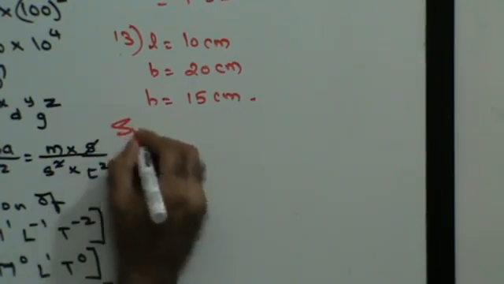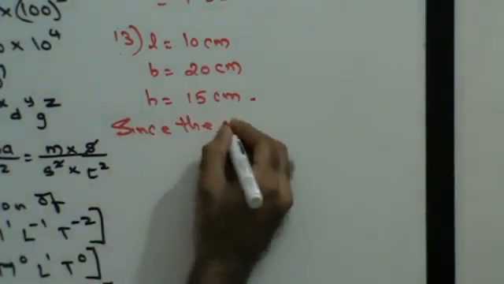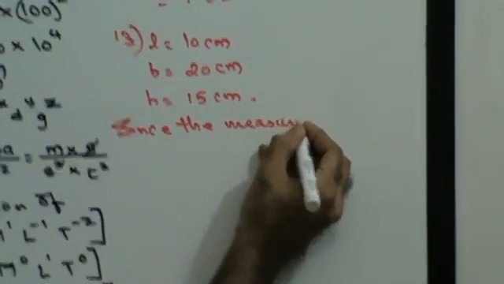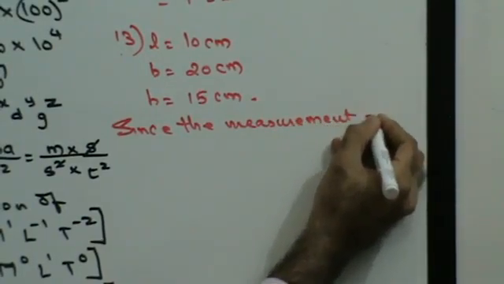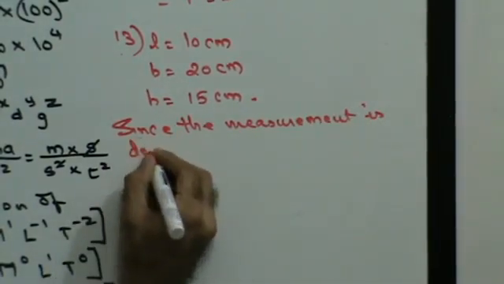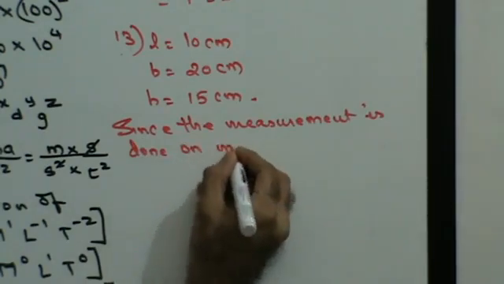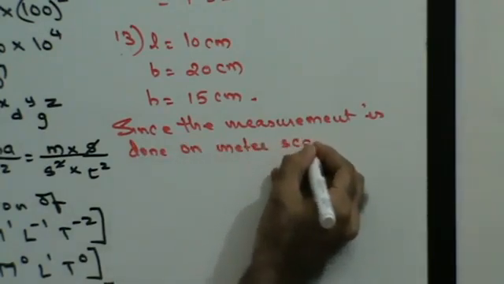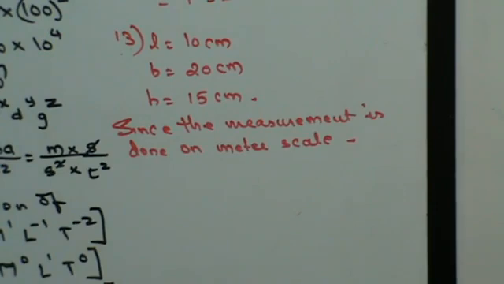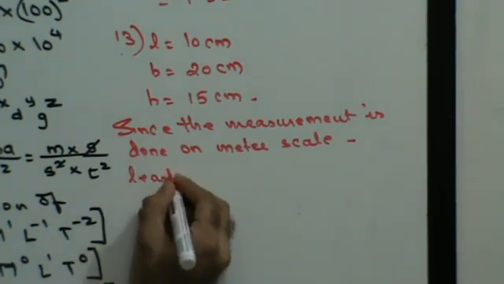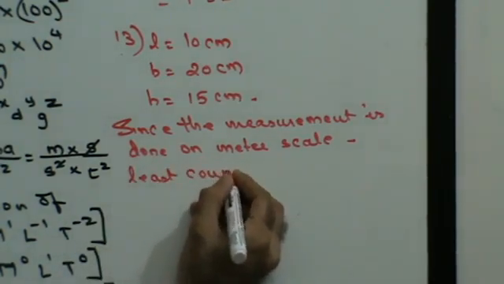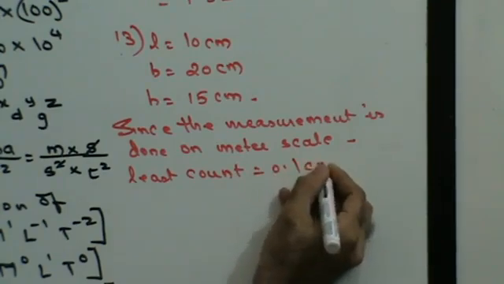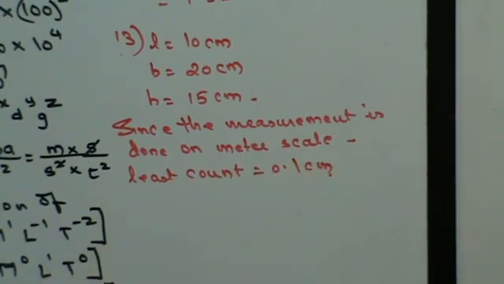Now, since the measurement is done on meter scale, what is the least count of a meter scale, guys? 0.1 centimeters. That is the smallest length. Least count is nothing but 0.1 centimeter. And error is always equal to the least count.